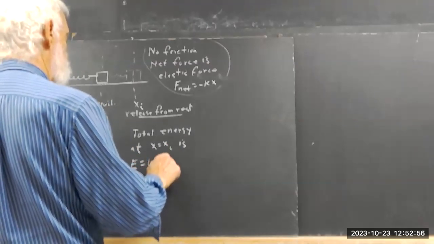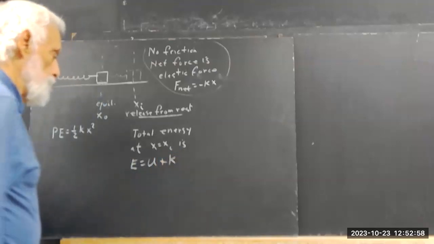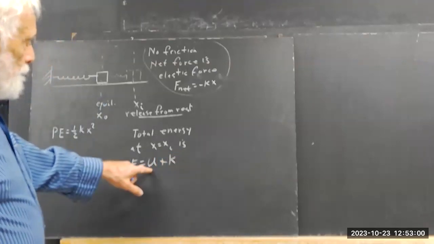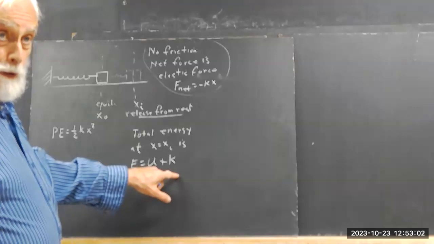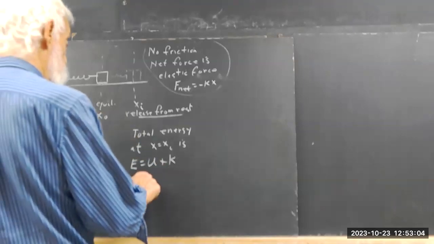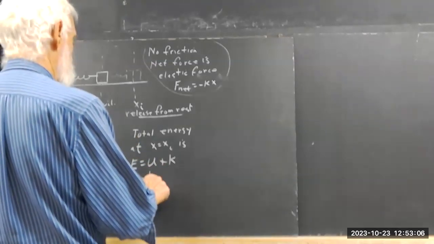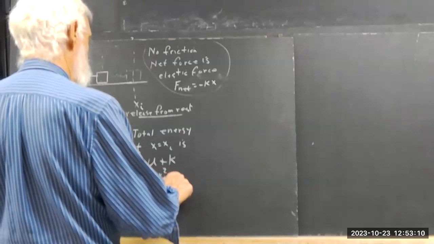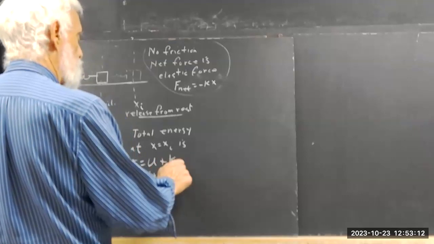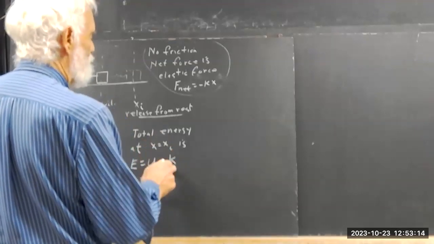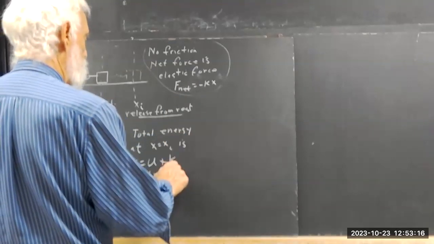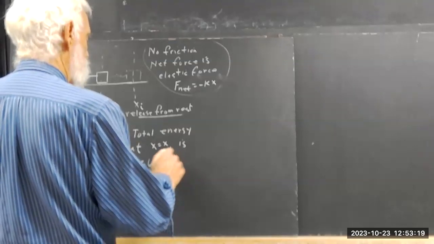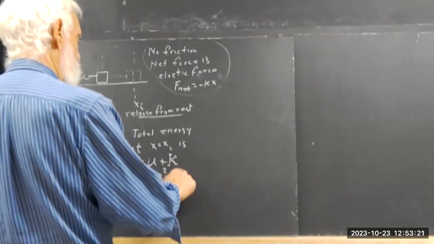I'll use the textbook's notation. U for potential energy, K for kinetic energy. This is a capital K. To distinguish it from little k, I'm going to put little feet on it.